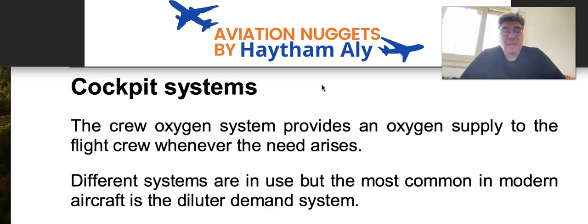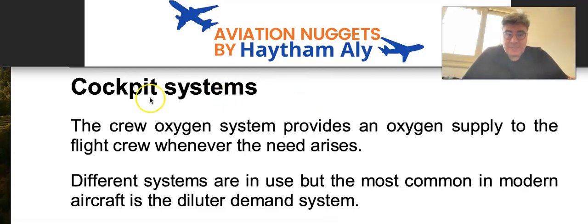This cylinder supplies oxygen to the oxygen mask of the flight crew. This mask is always called a dilutor demand system or dilutor demand mask, because this mask allows the possibility of dilution and demand supply of oxygen.